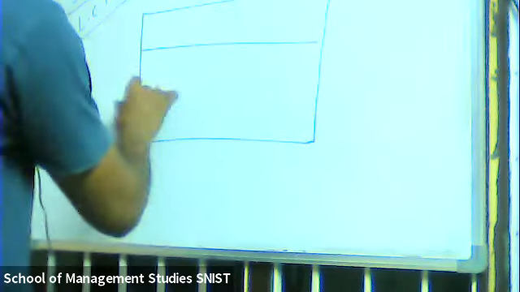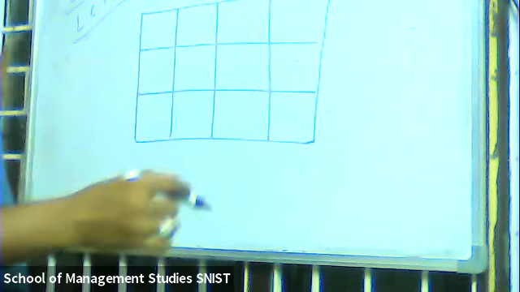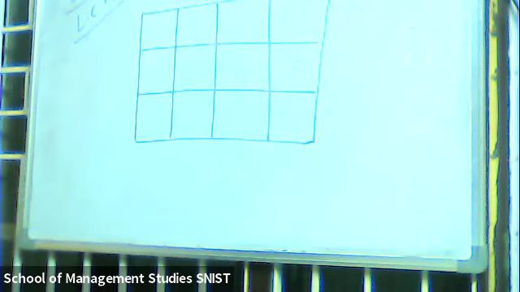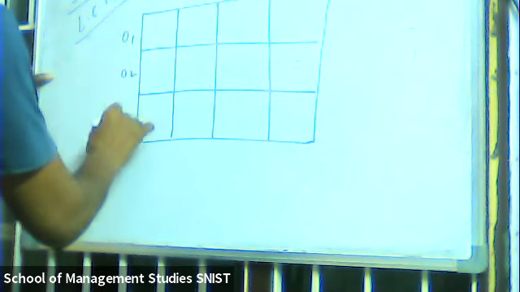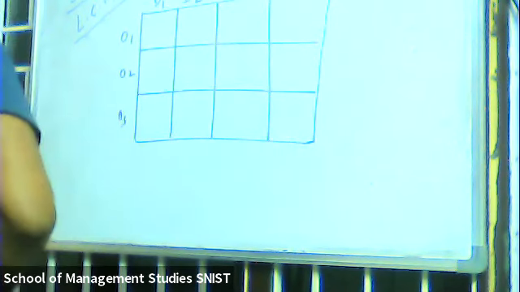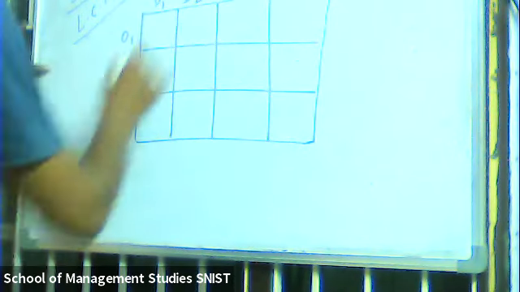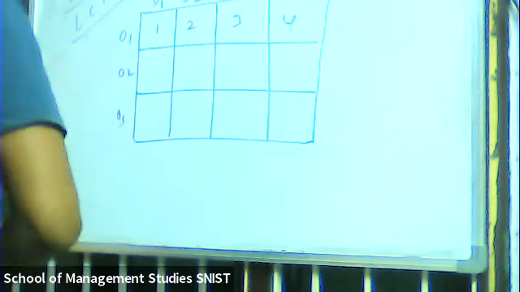Three rows, 4 columns. Same. O1, O2, O3, D1, D2, D3, D4. Values 1, 2, 3, 4. 1, 2, 3, 4. Is it 4?